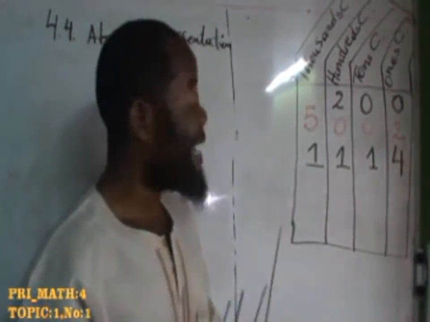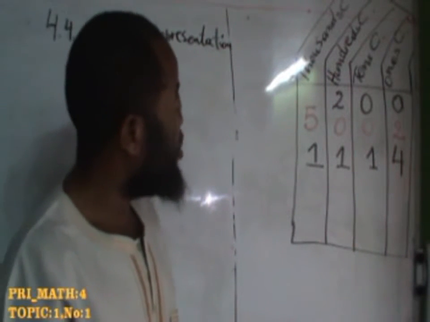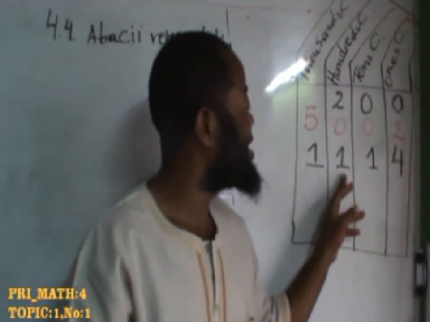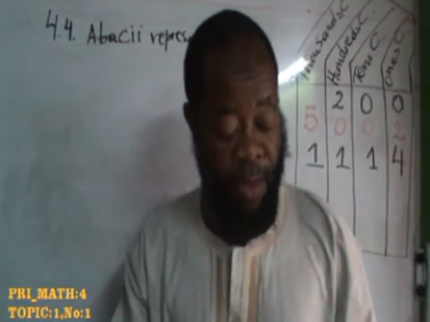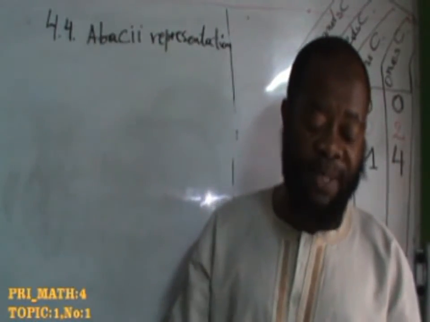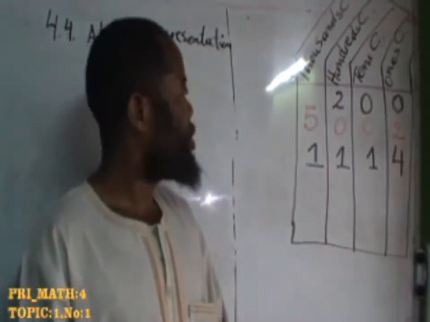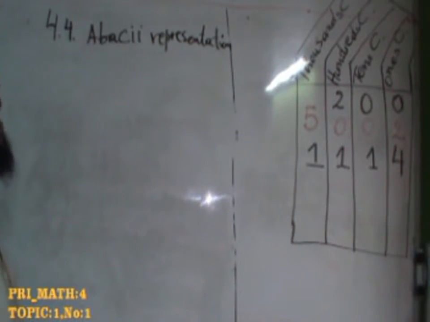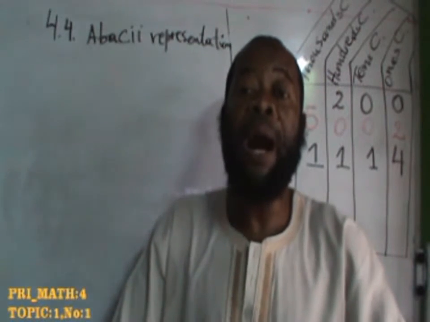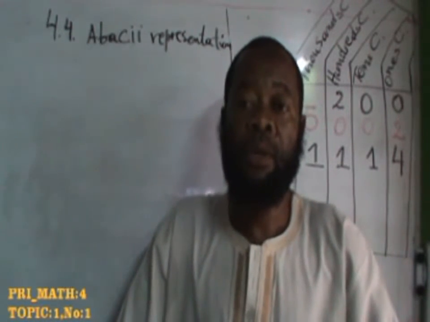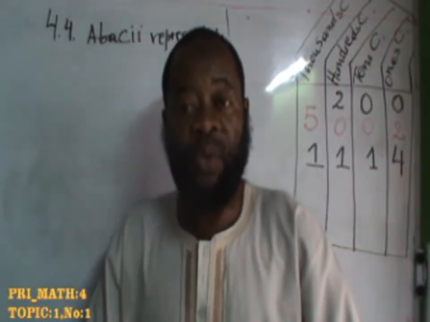What we get is exactly what I said. We get 1,114. This is how to represent a number. So for our today lesson, right now we have already finished with it.